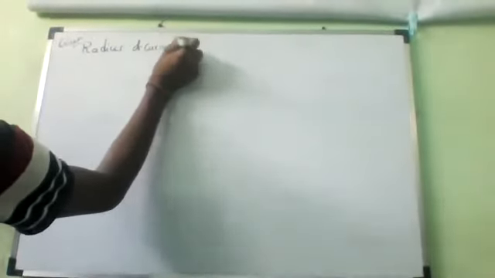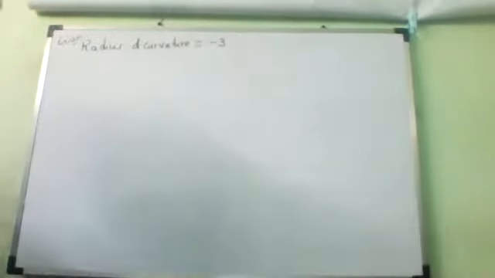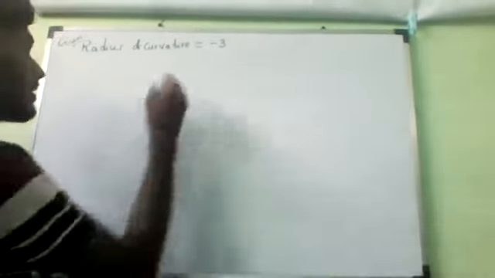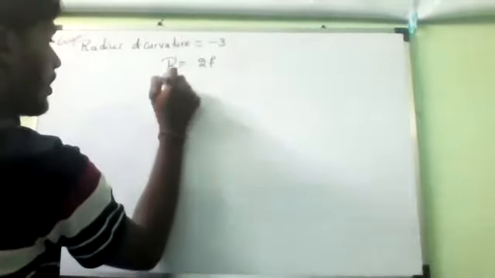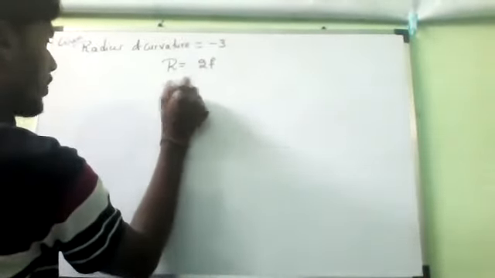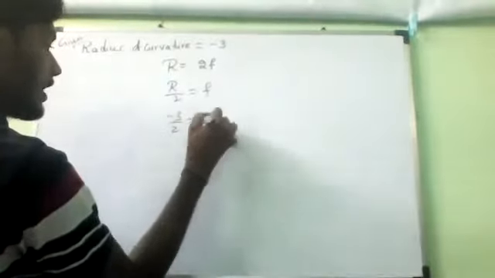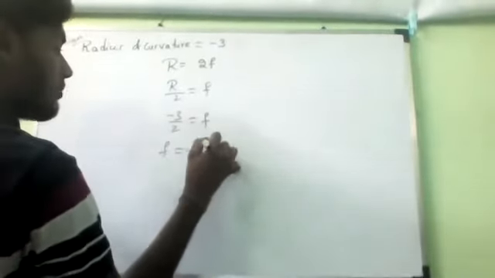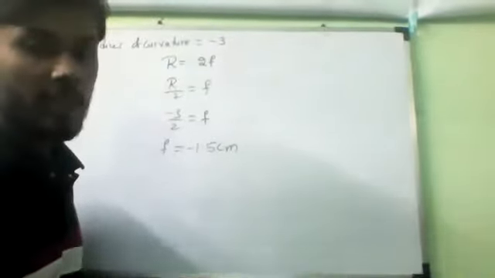It is negative, minus 3 centimeters, because it is a concave mirror. That is what you should remember. So R is equal to 2F, so F is equal to R by 2. So F is equal to minus 3 by 2, which is minus 1.5.